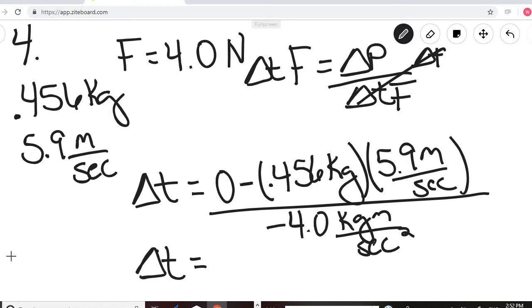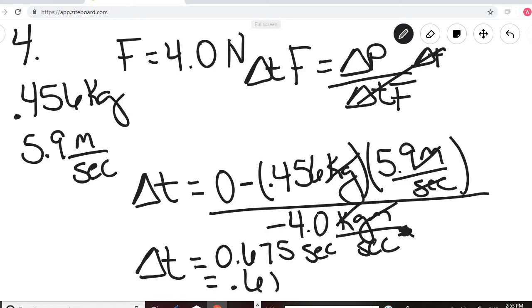If we do that math, you should get 0.675. Kilograms cancel, meters cancel, and one of the seconds cancels. This would scoot up there because when you divide by a fraction, you multiply times the reciprocal. So this would be seconds, and if we get that to 2 significant figures, it would be 0.68 seconds.